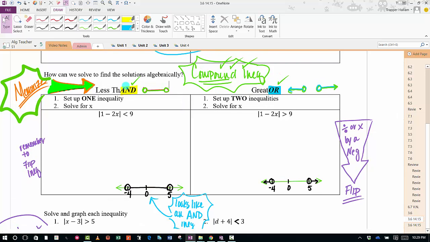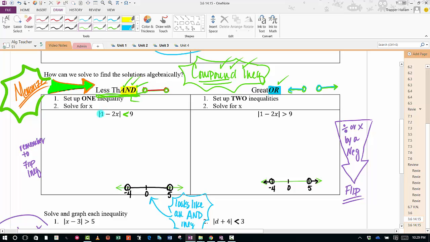There is something that you might want to memorize. If you're doing these and you have a less than sign, you can see in this example on the left that there's a less than sign. You might want to memorize less than. And the reason is if it's a less than and an absolute value inequality, you're going to get an and compound inequality out of it. So you're going to get an overlapped solution.